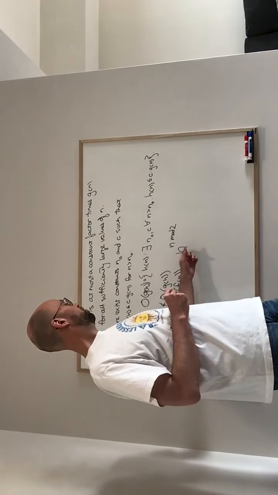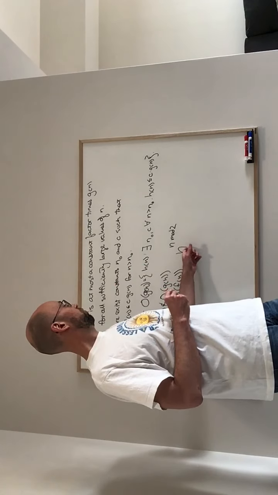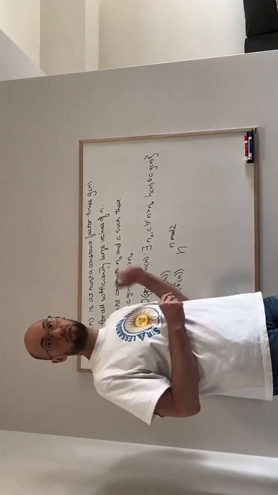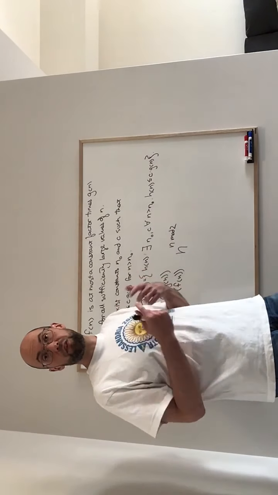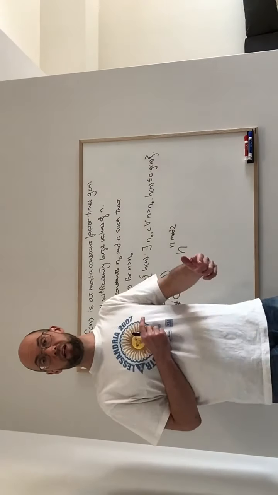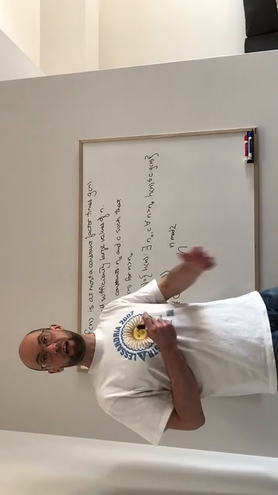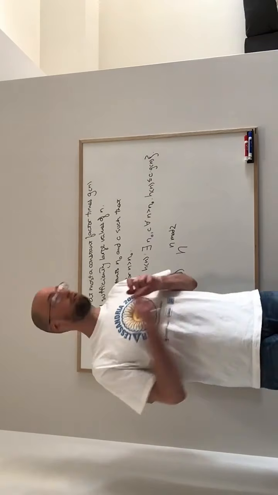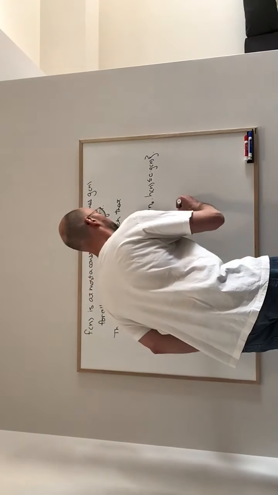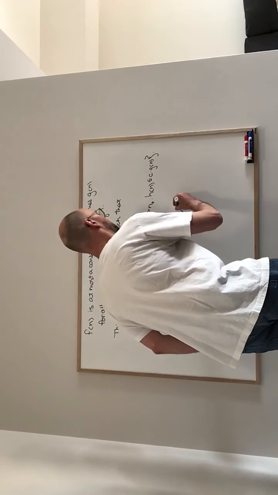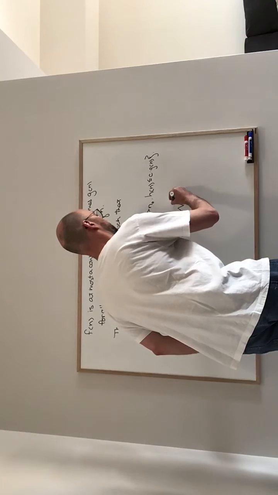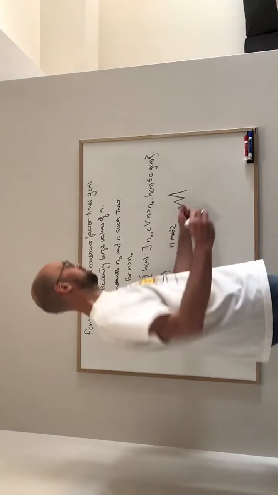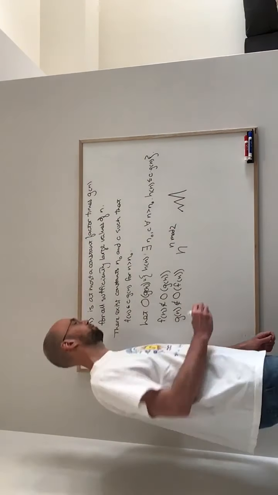For n equals 3, this is 3 to the 1. Then 4 to the 0, 5 to the 1, 6 to the 0, and 7 to the 1. So it's going 0, 1, 0, 3, 0, 5, 0, bouncing up and down.